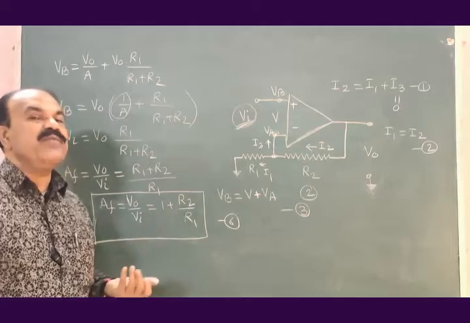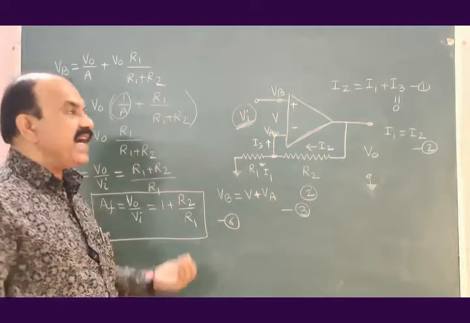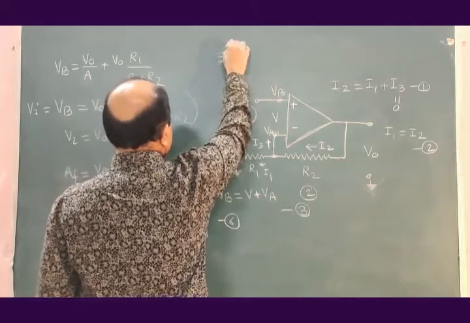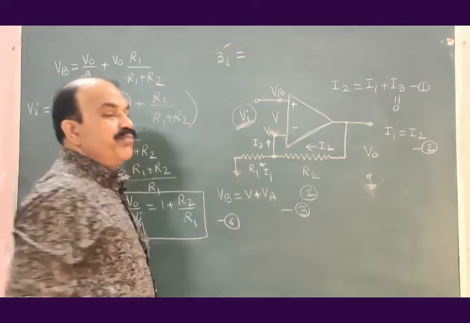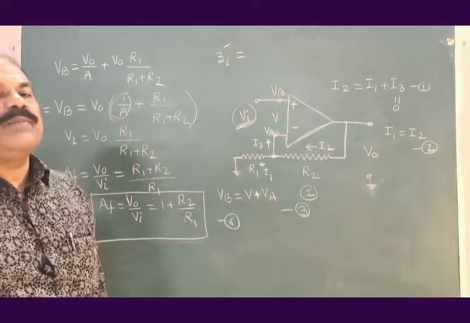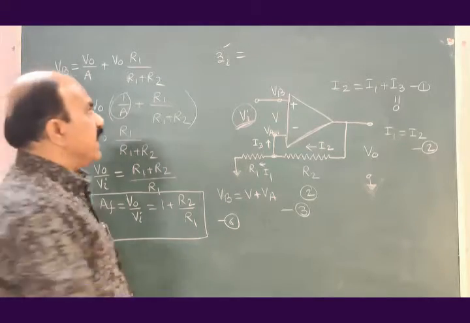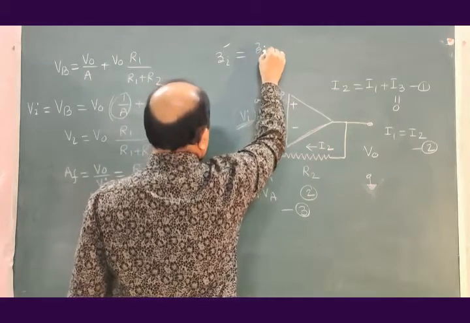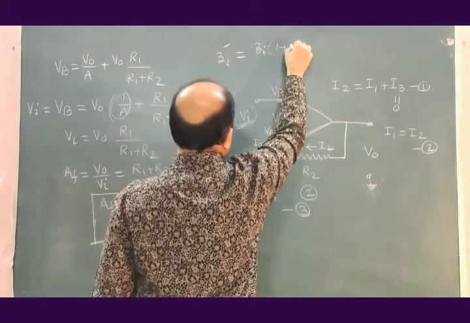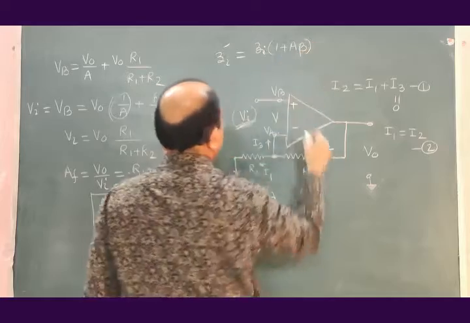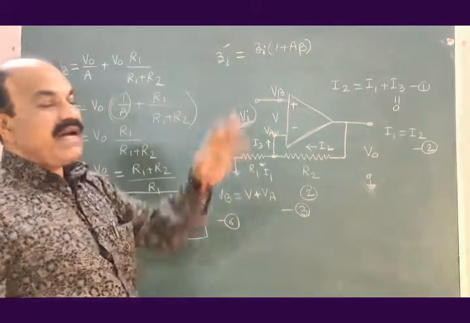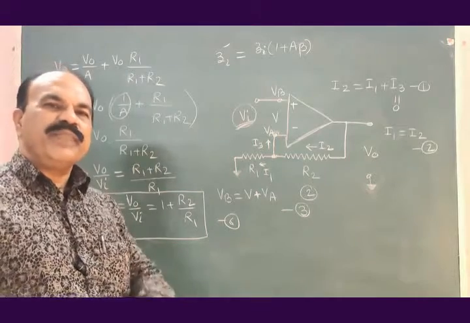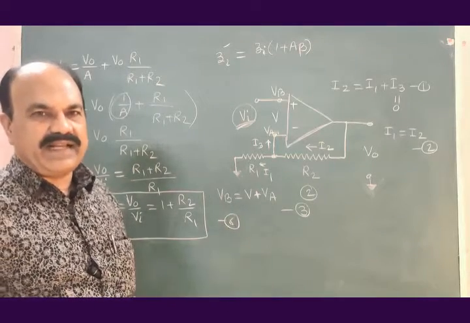This configuration of operational amplifier is such that it increases the input impedance of the operational amplifier with feedback, which is given by Zi into 1 plus A beta, where Zi is the input impedance of the operational amplifier without any feedback.